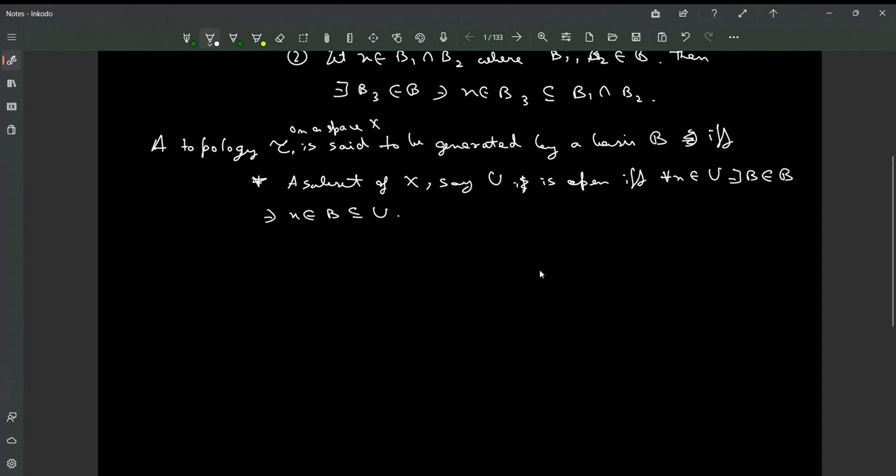Let me state it as a lemma. This will make your intuition clear about the basis, or the word generated.